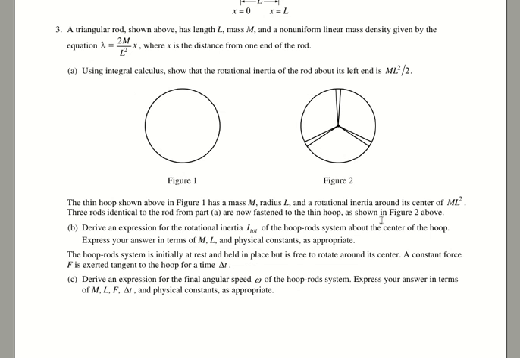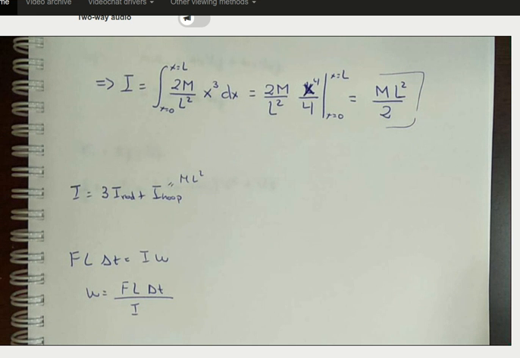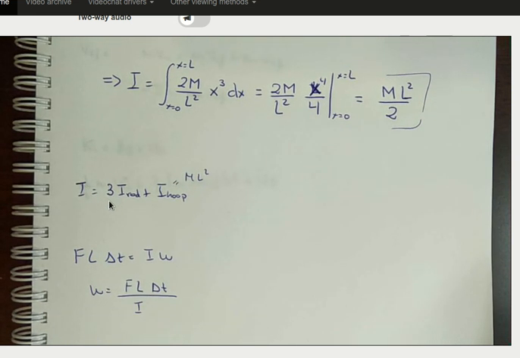The rest I think you can do. Then you have a hoop here, and you put three rods. So what is the rotational inertia? The total rotational inertia is the sum of the three triangular rods plus the rotational inertia of the hoop, which is ml squared. You can compute it: 3 times this plus this.